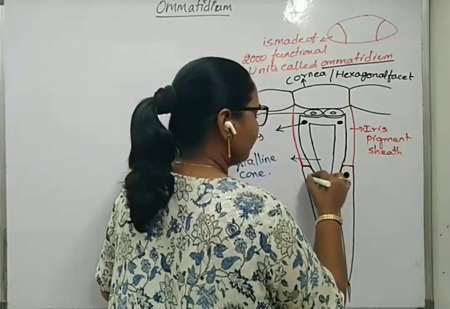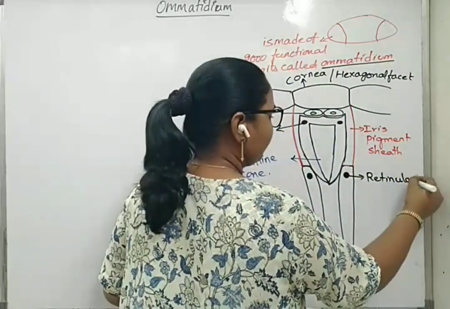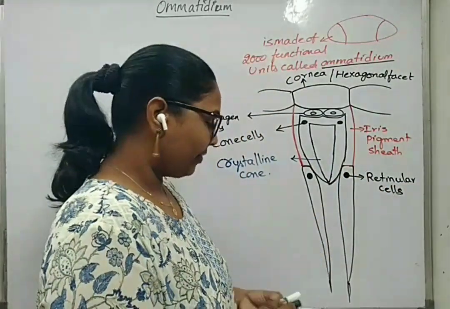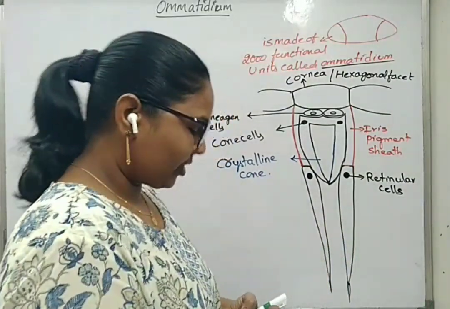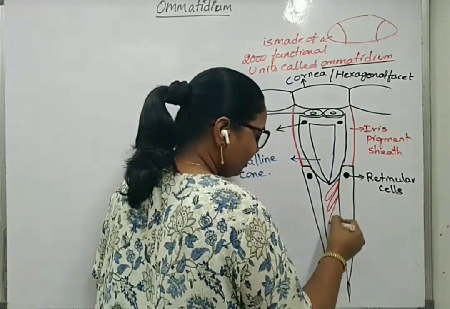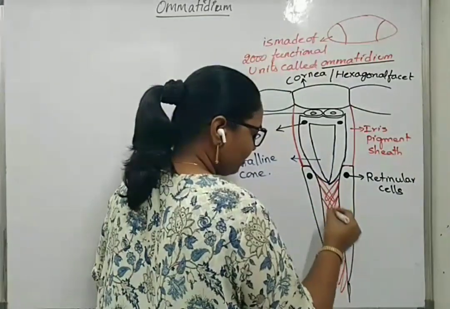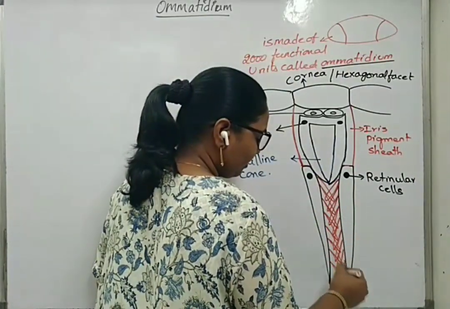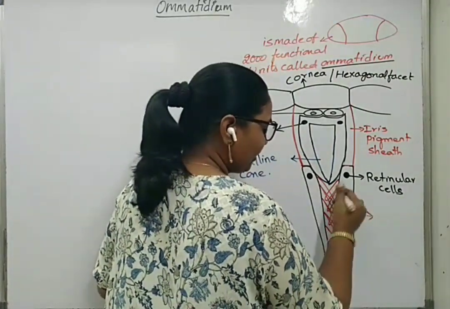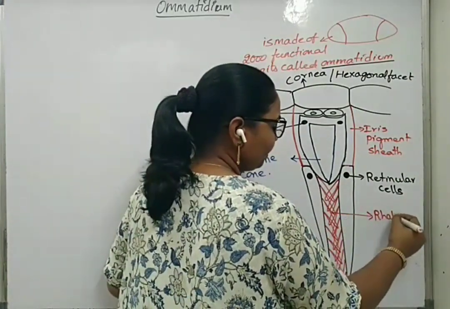These retinular cells have microvilli-like structures in the middle that form the central rhabdom. We can see some villi-like structures. This one, mostly in books, is given as a shaded part, but actually it is formed of fibrous or microvilli-like structures. This is called the rhabdom.